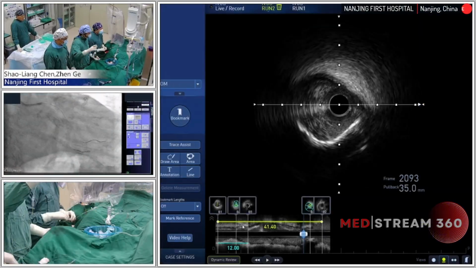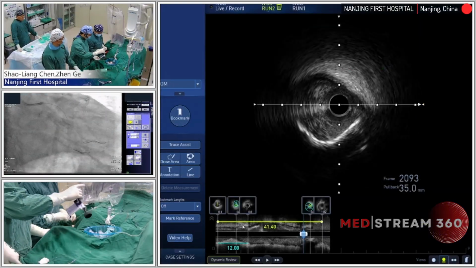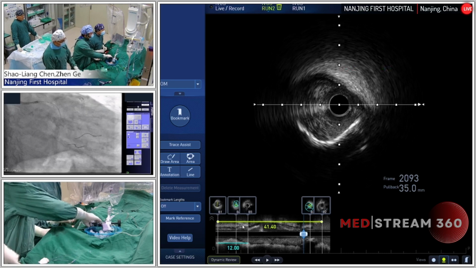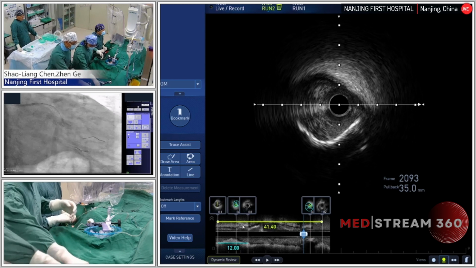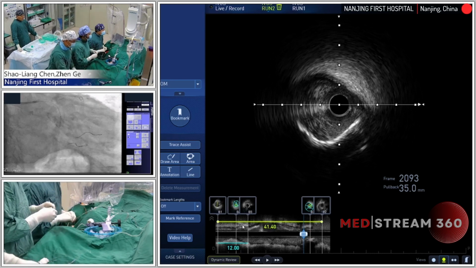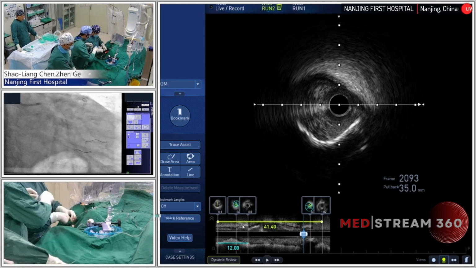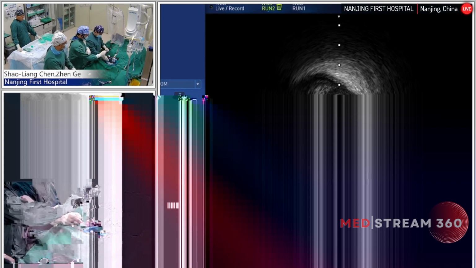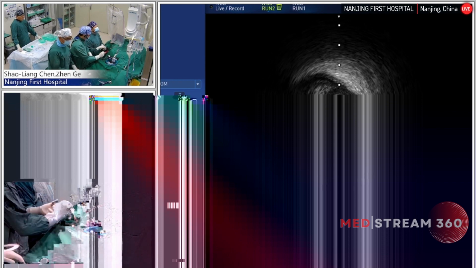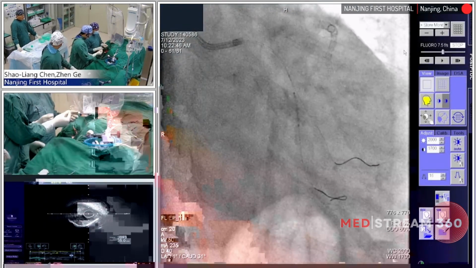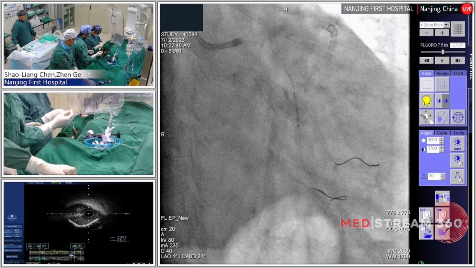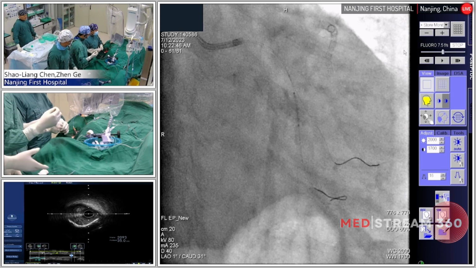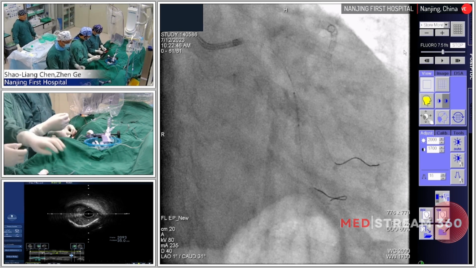So usually we prefer to use the provisional stenting technique for a left main bifurcation lesion. But for this case, because the patient was infarcted 1 month ago, the circumflex will play a very important role in preventing ischemia. So careful protection of even a small sub-branch from the circumflex will be very important.